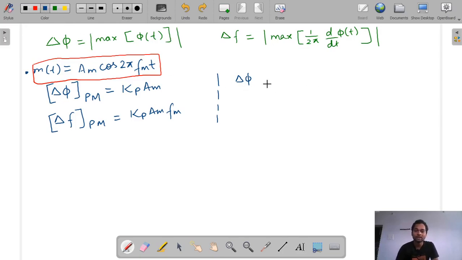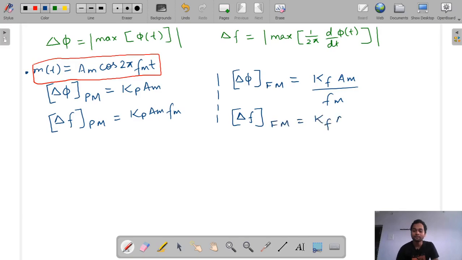So now delta phi for FM is given as kf Am by fm. We already found this yesterday. And delta f, the maximum frequency deviation of the FM signal, is equal to kf Am. So up to this we have already derived and found.